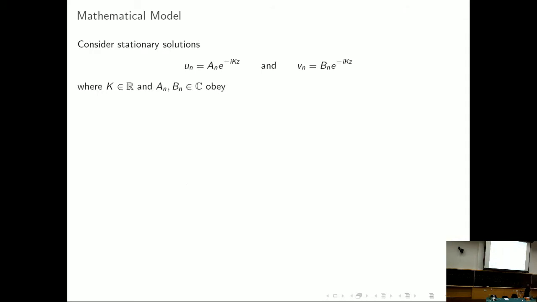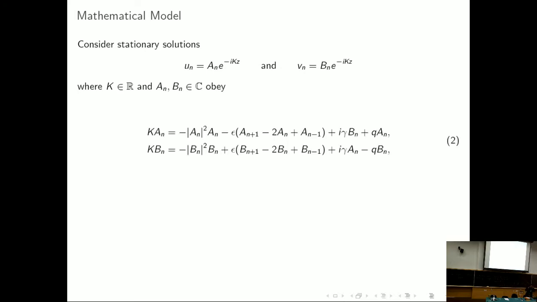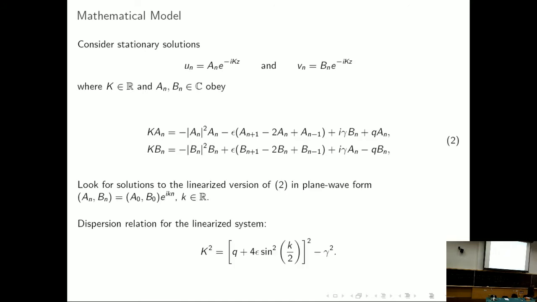Okay, so let's start with the easiest one. We would like to find a stationary solution where my solution is given by a_n e^(-ikz), and the same also with b_n, where capital A and capital B are complex numbers. Now I don't have the term with the derivative, so that term is just a constant times A and a constant times B. But I still have a linear term.